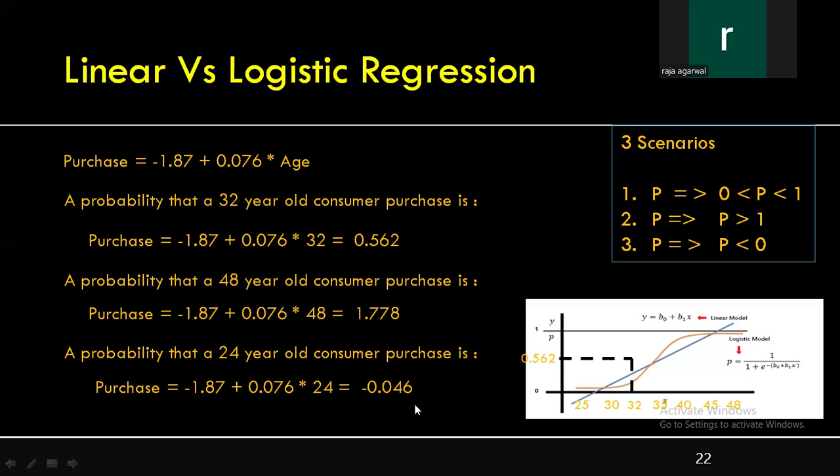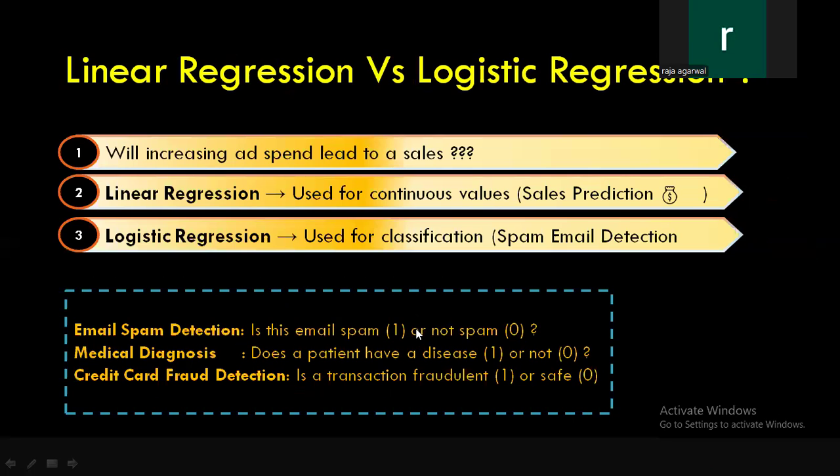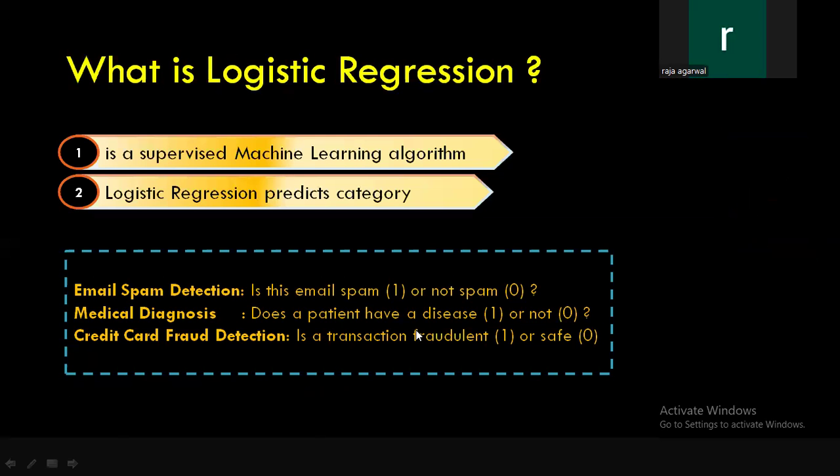So here, exp of this one divided by 1 plus exp of this value, right? It will bound any value between 0 and 1. Even if it is a negative value or if it is above 1, it will generate a value to fall anywhere between 0 and 1, not beyond that. Anyhow, we will discuss this in detail a little later.